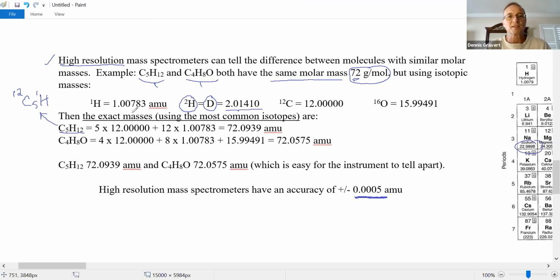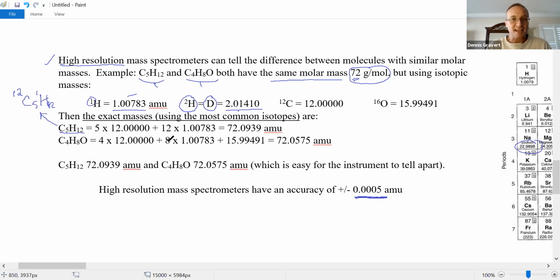It has one more neutron than the normal hydrogen with no neutrons, right? So the mass is doubled. But the 6 significant figures, we know its mass of an individual deuterium atom, individual hydrogen atom. Cool. But on average, most of the time, these molecules are going to have the most common isotopes. So all 12 hydrogen atoms will probably have mass of 1.